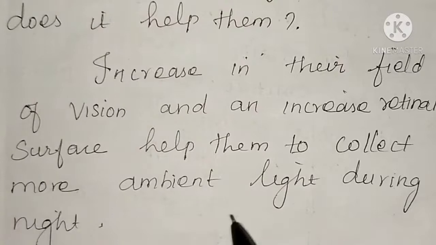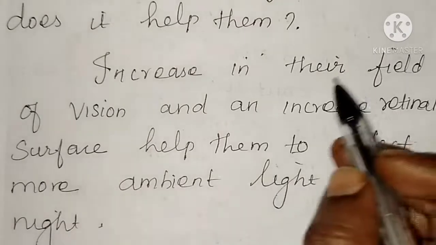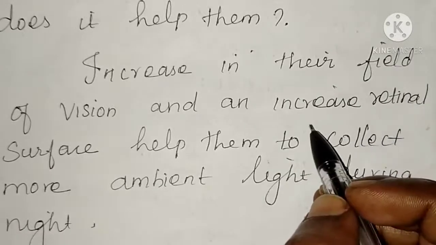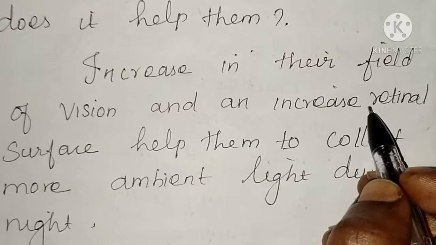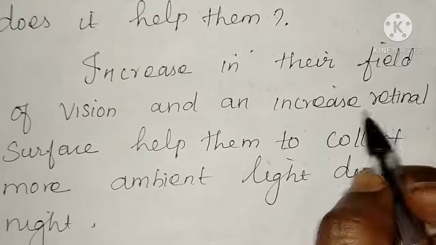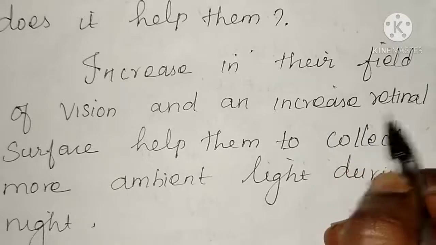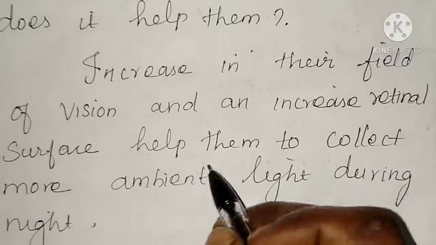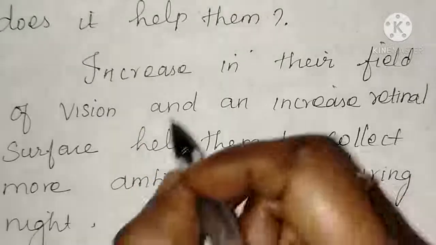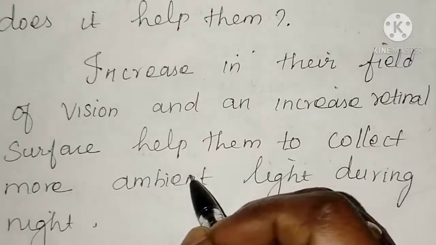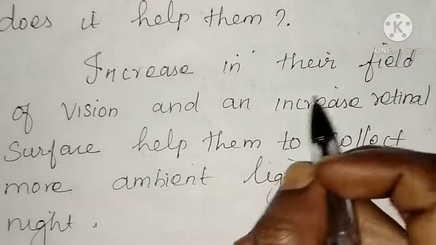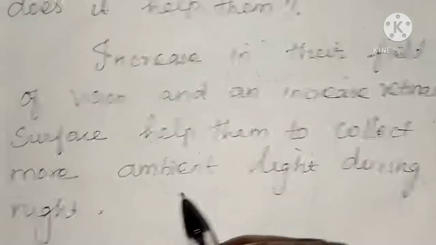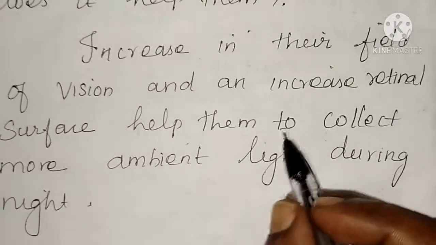The field of vision increases because the retinal surface increases. Nocturnal birds like owls have more retinal surface, so they can collect more ambient light. Ambient light means the surrounding light. They can collect it clearly. Have you all written this answer also?